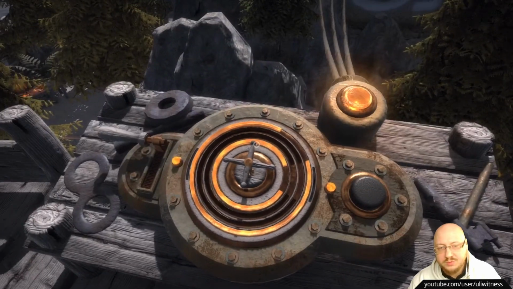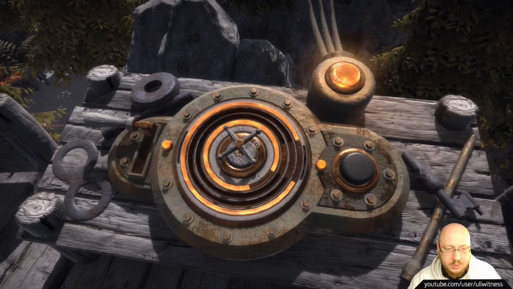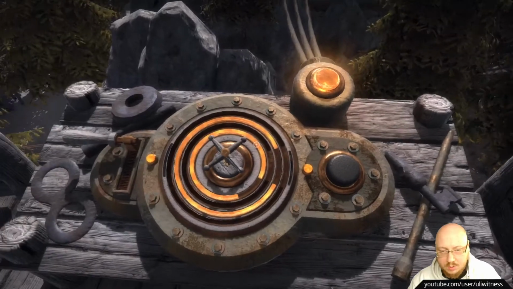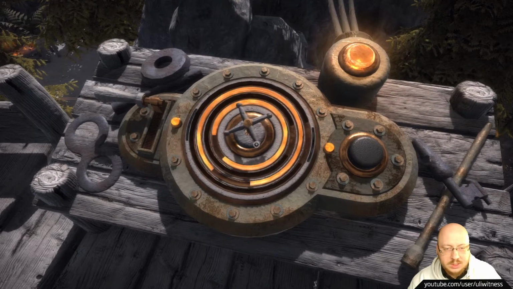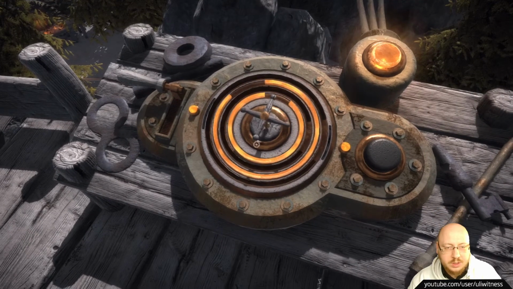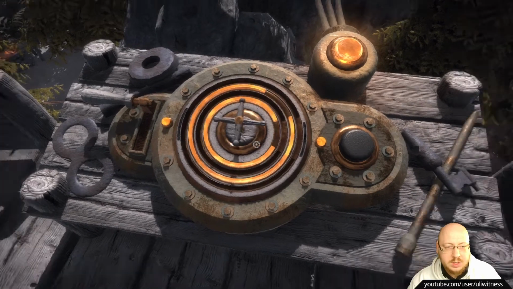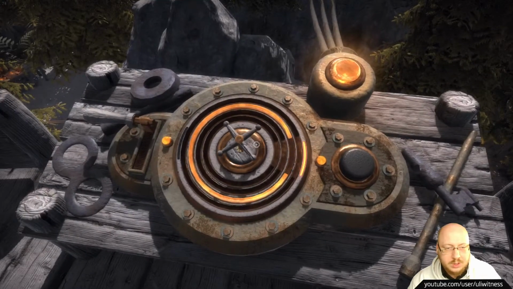So if we want to move the outer one, make sure that we move the inner one along with it, because then we can use it with the second outermost one. That's basically the trick. And the second outermost one we can control on its own.